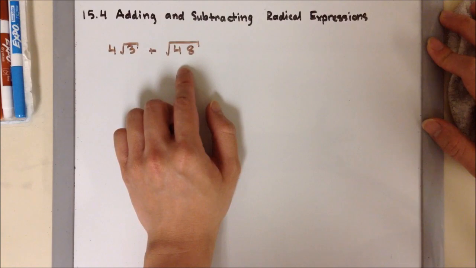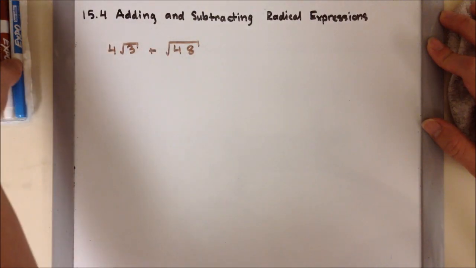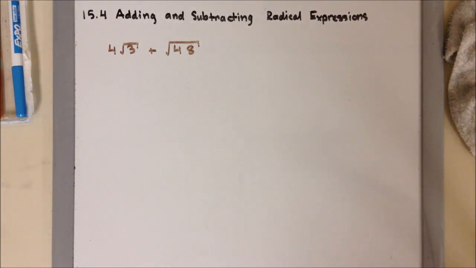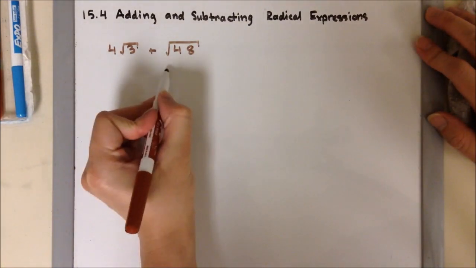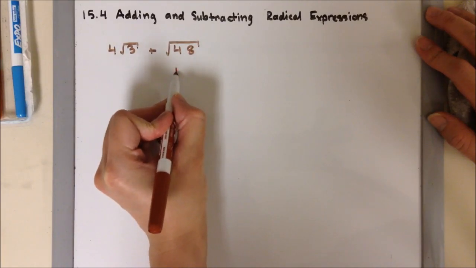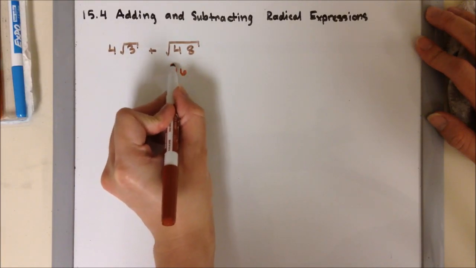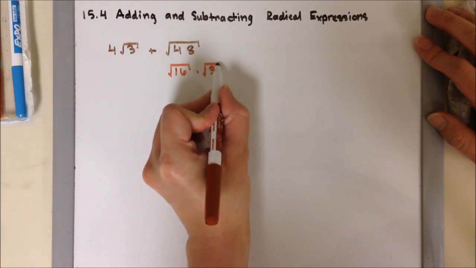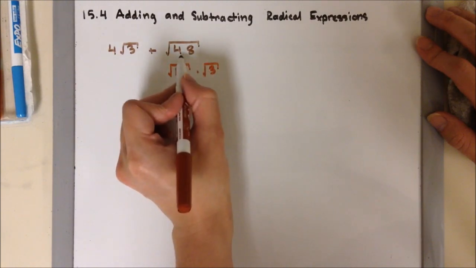You can actually simplify this because when you break it down, one of the factors can be a perfect square number. In this case, it's going to be the square root of 16 times the square root of 3, because 16 times 3 will equal 48.